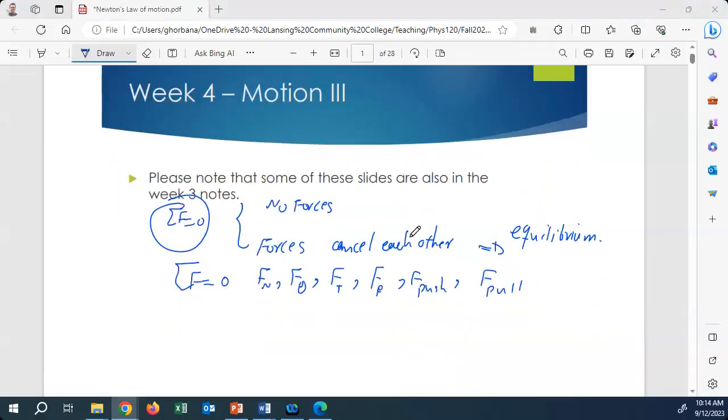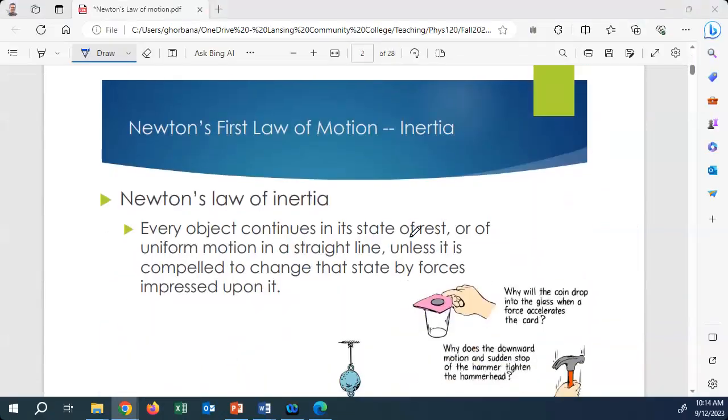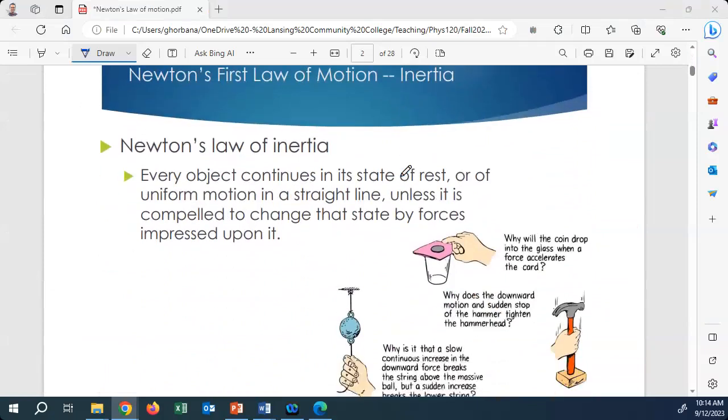Let's close this. Right now we will talk about Newton's first law. We just explained it: if an object is moving with constant velocity, or if the object is at rest, it will stay at rest if the net force is zero, or there are no forces exerted on the object.